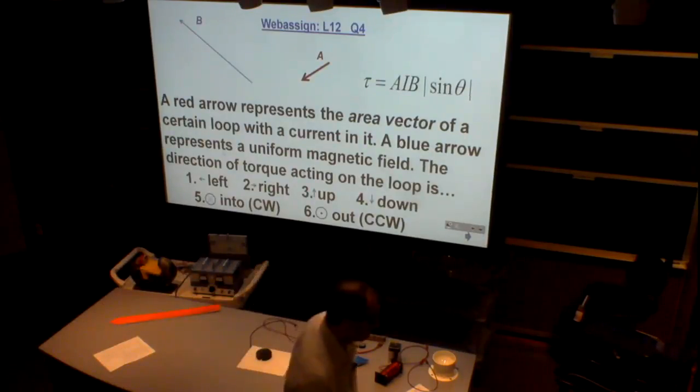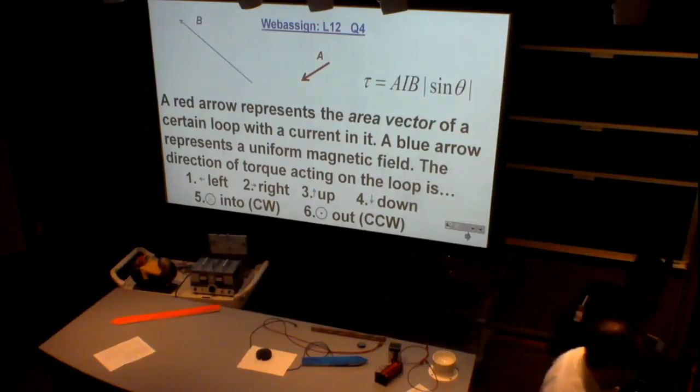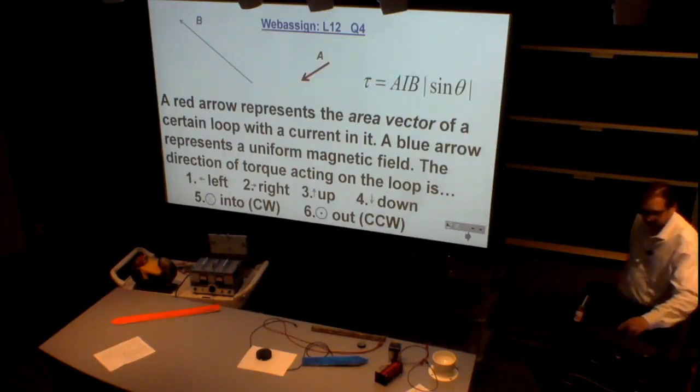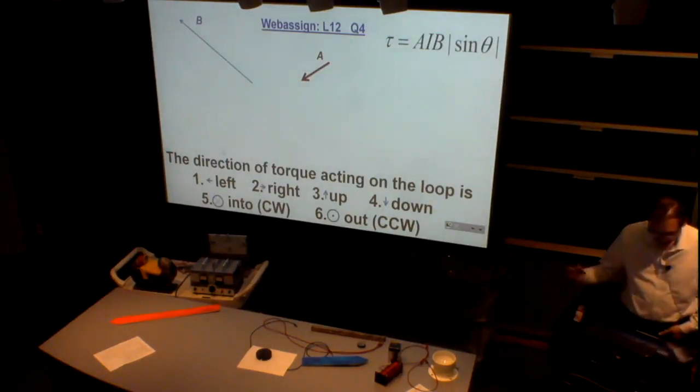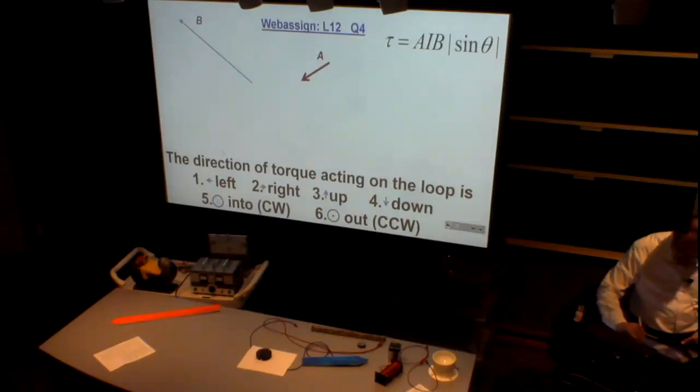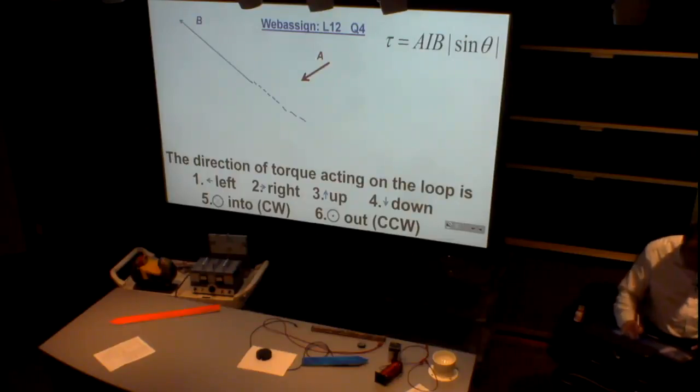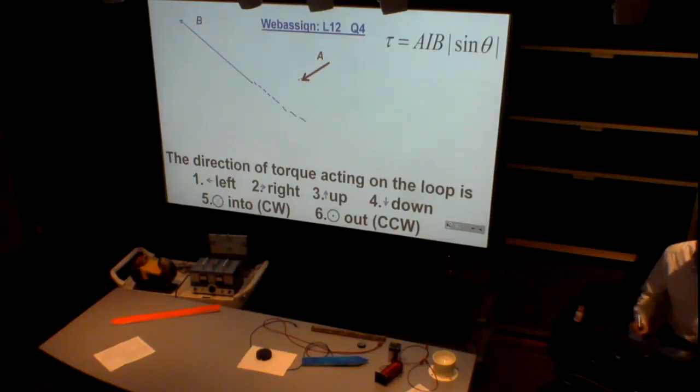Because the answer depends on the angle between two vectors. This is basically about the definition of the angle between two vectors. That's all. So from A to B.